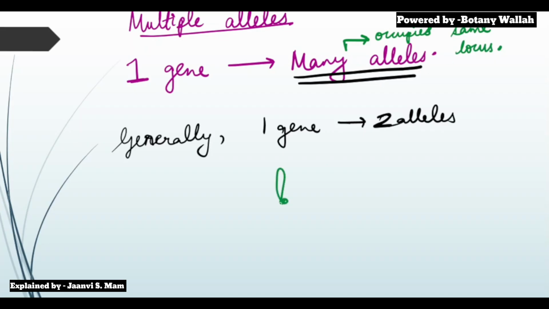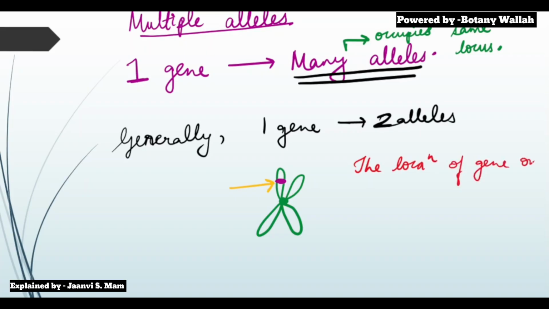Locus means what? If this is a chromosome, where is the location of the gene? Suppose this is a pink color gene, it's present here. So this location of the pink colored gene on the chromosome, the location of a gene on a chromosome, is known as locus.